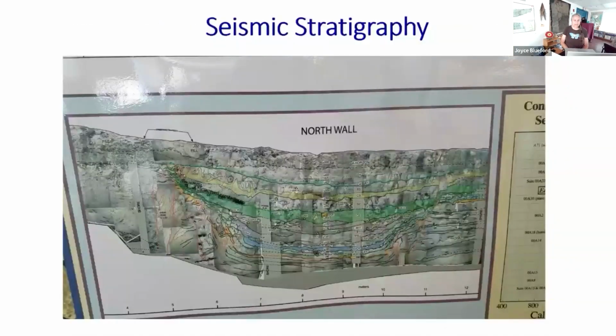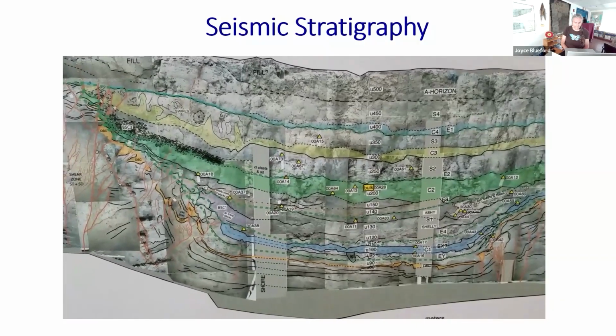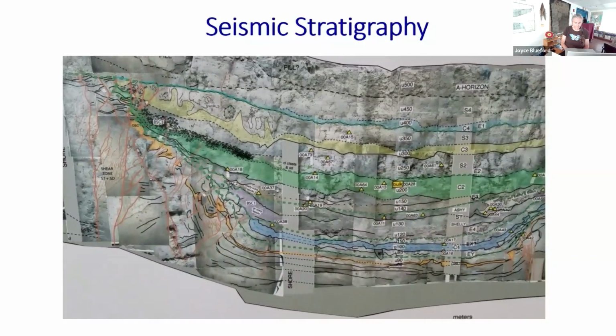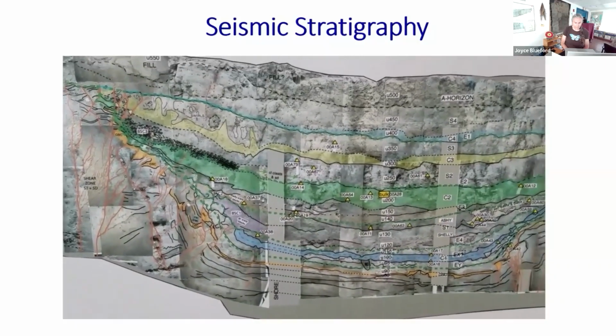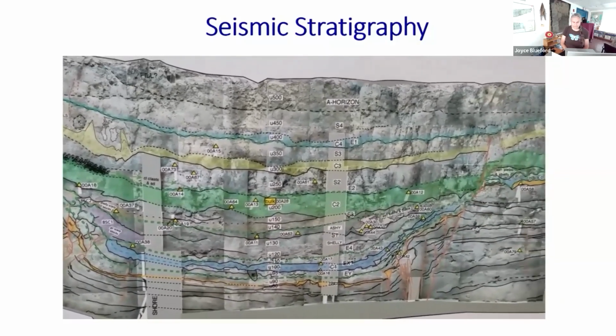Okay, so this is going back to the trenching. This is what we call seismic stratigraphy. All of those black lines there kind of tell a story. This is a diagram showing all these micro faults, and it helps us decide what is going on. Has there been change through time?